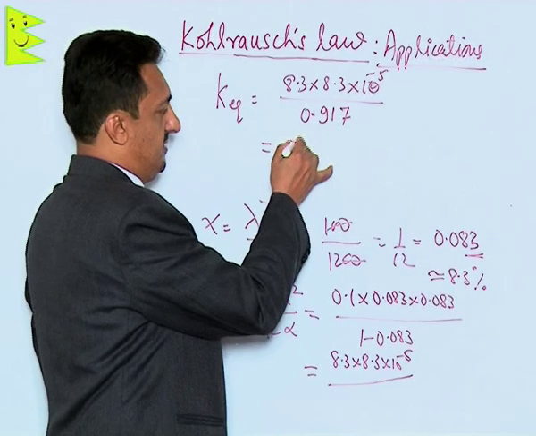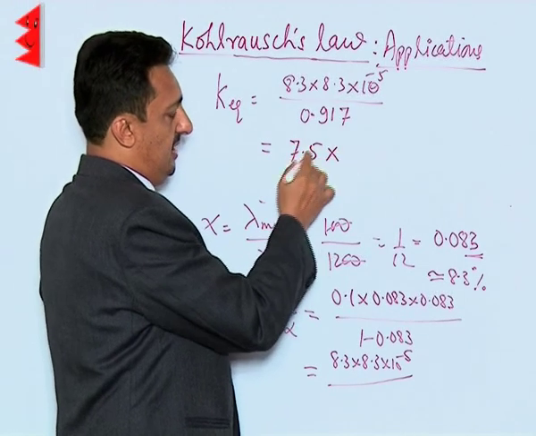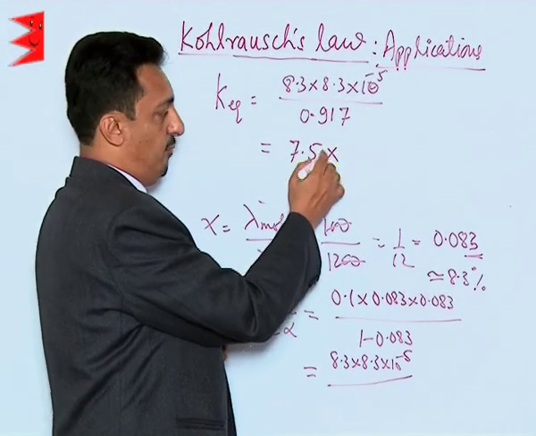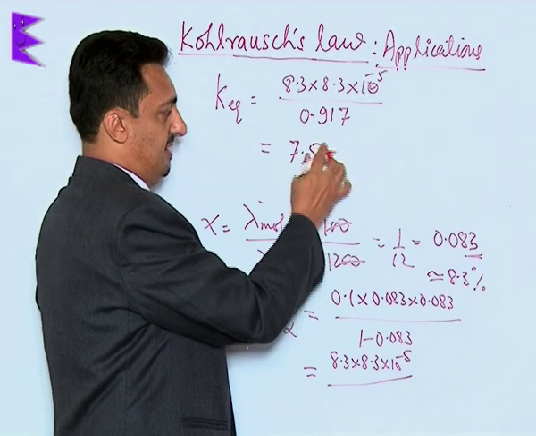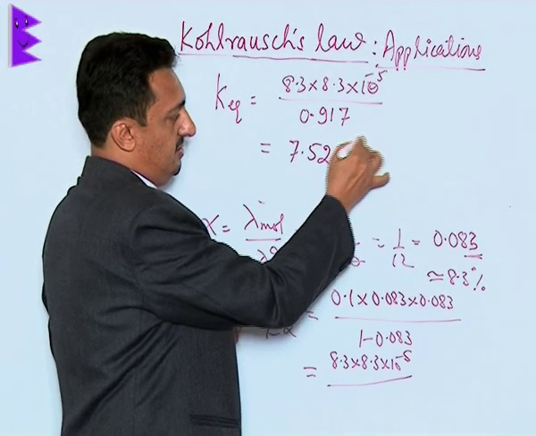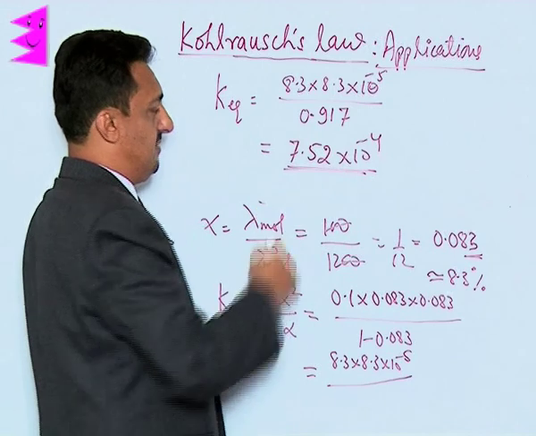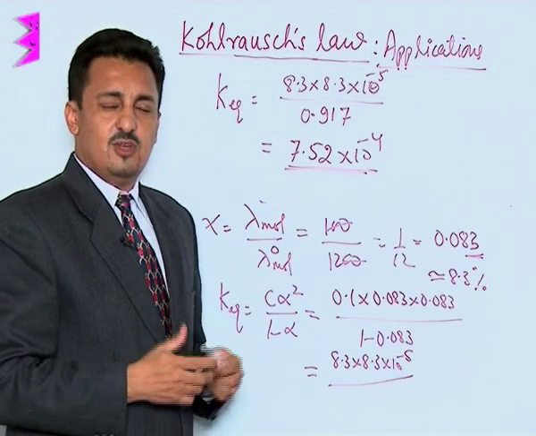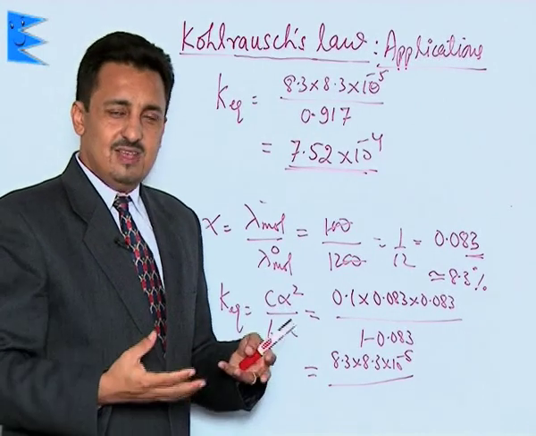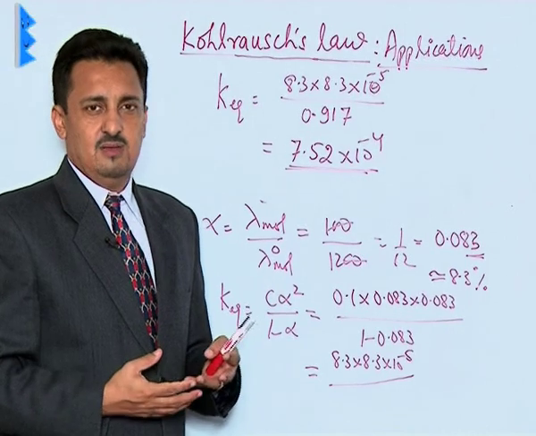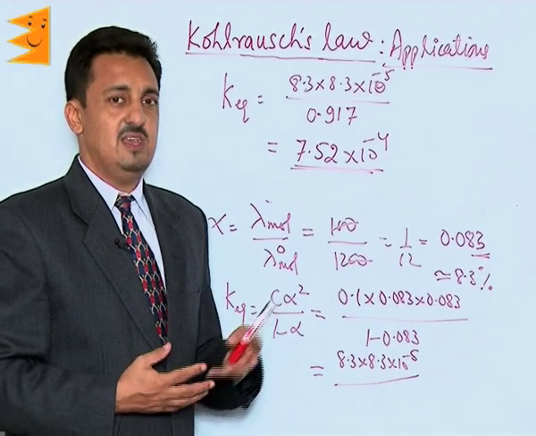On division this gives us 75.2. So we can take it as 7.52 into 10 to the power minus 4. So this is the value of the equilibrium constant. This is how we can find out all these essential values from the given data as per the Kohlrausch law.